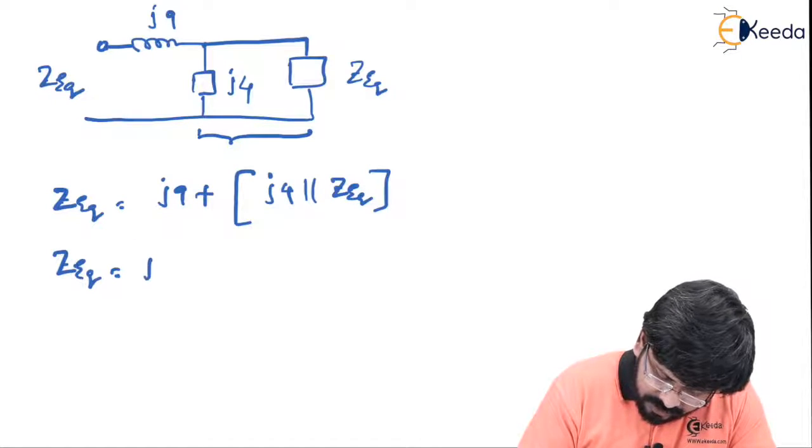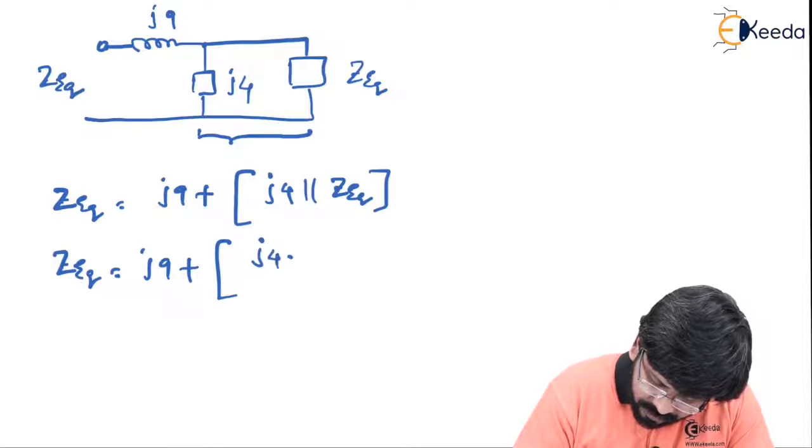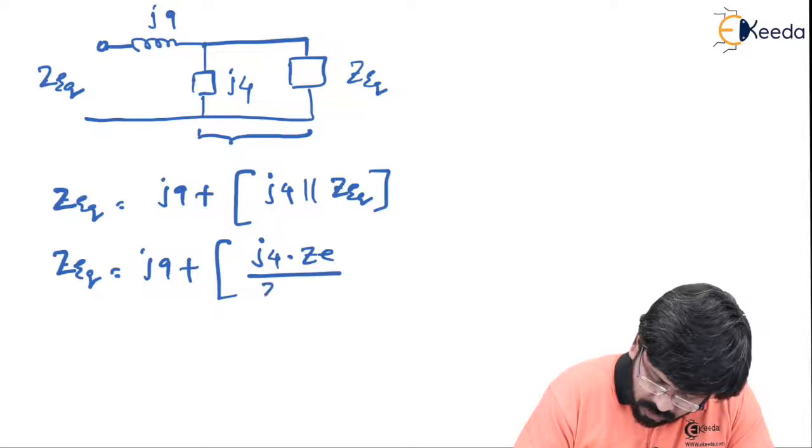So Z equivalent becomes J9 plus, I can expand this as J4 ZE upon ZE plus J4.